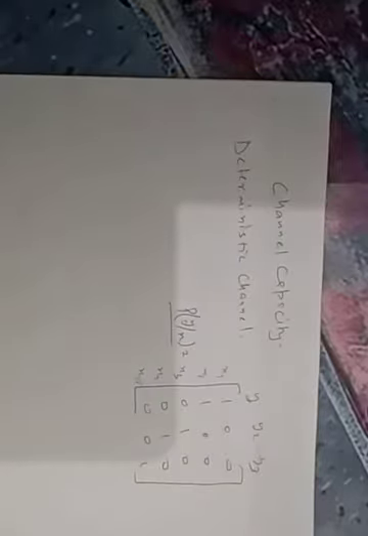One more thing before moving to this topic, that I want to clear for all my students. Yesterday we saw the joint probability matrix. I will show you the numerical again that we did yesterday.